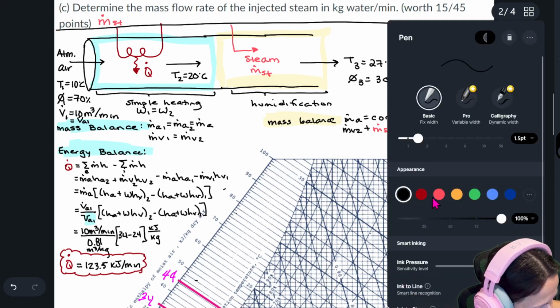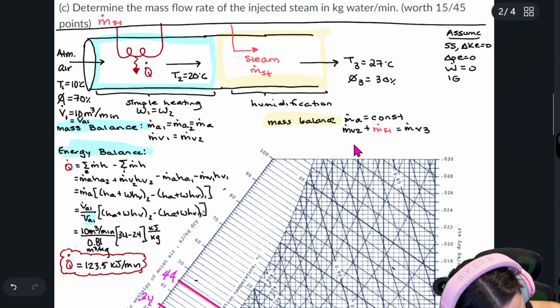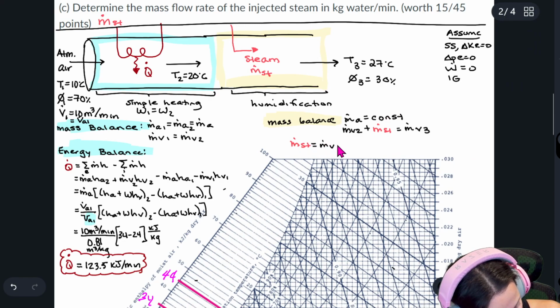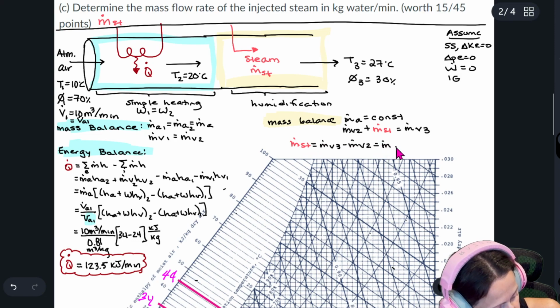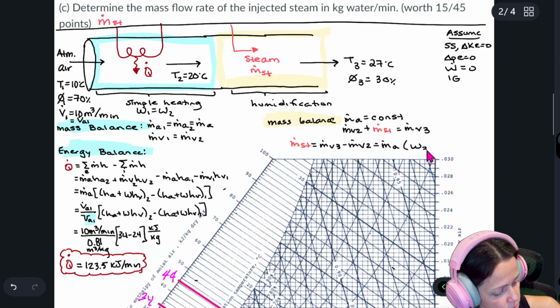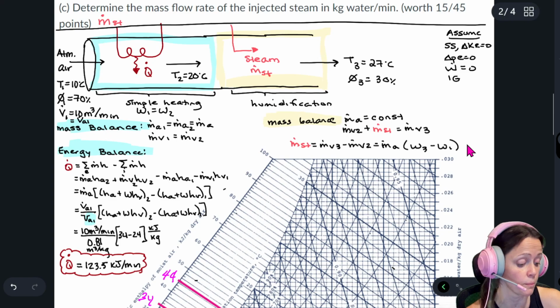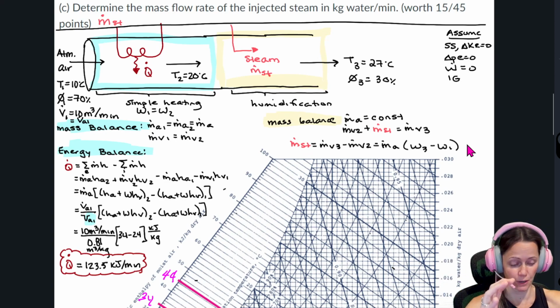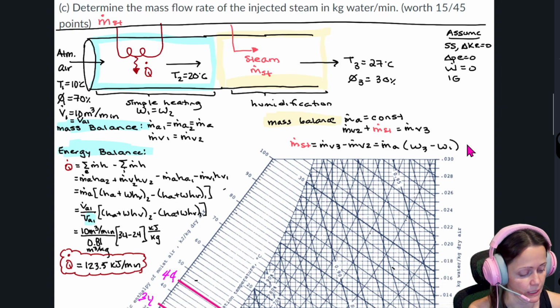Of course you can rearrange and solve for that m dot st. So this is going to be m dot v3 minus m dot v2. We've put this in terms of the mass flow rate of the dry air before. It would be the same as m dot a on the outside of those parentheses times m dot v3 over m dot a, which is the specific humidity.